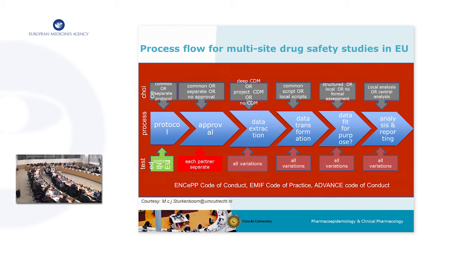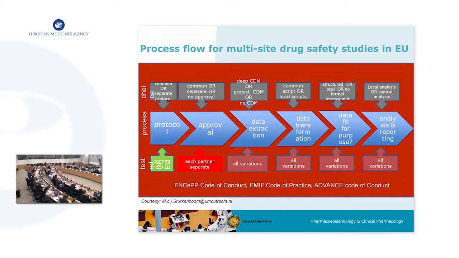Then we come to the step of getting approval for accessing data, and this is certainly not a common process or a central procedure. So this is really local, and each data partner has different approval processes that we have to overcome or to deal with. And then the step of data extraction and also data transformation.